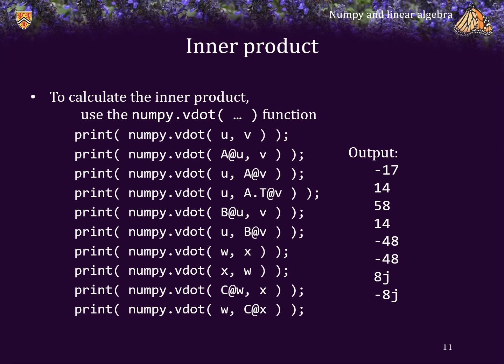Finally, the matrix C was conjugate symmetric and therefore self-adjoint for complex matrices, and therefore the inner product of C applied to W and X is equal to the inner product of W with C applied to X. And again, we see that both results are identical.